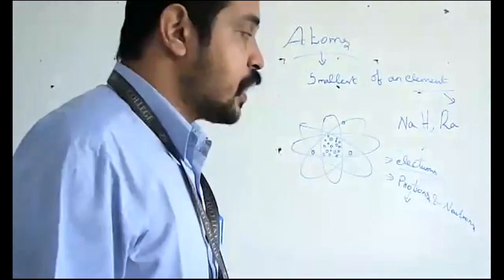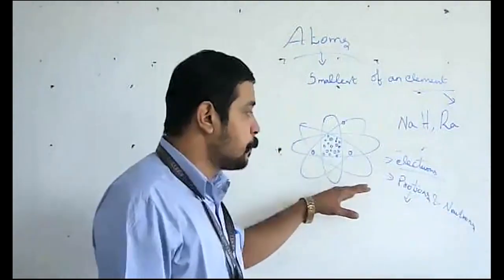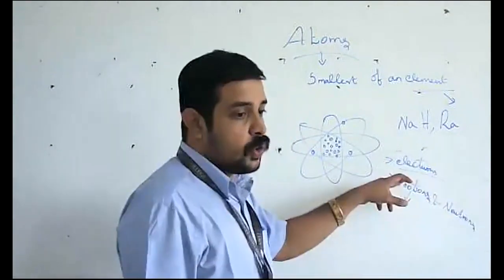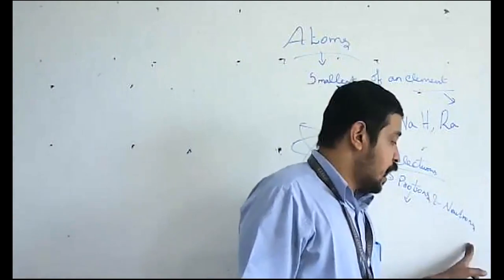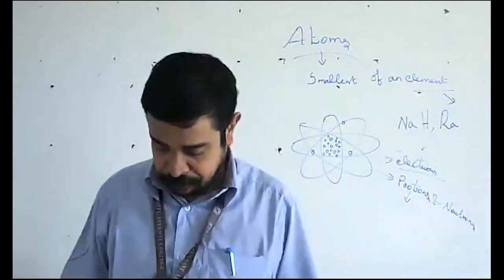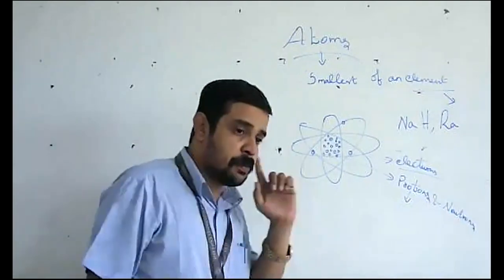It is very important to understand the charge of the protons, neutrons, and electrons. Electrons are always negatively charged, protons are positively charged, and neutrons have no charge. These things you have to remember.